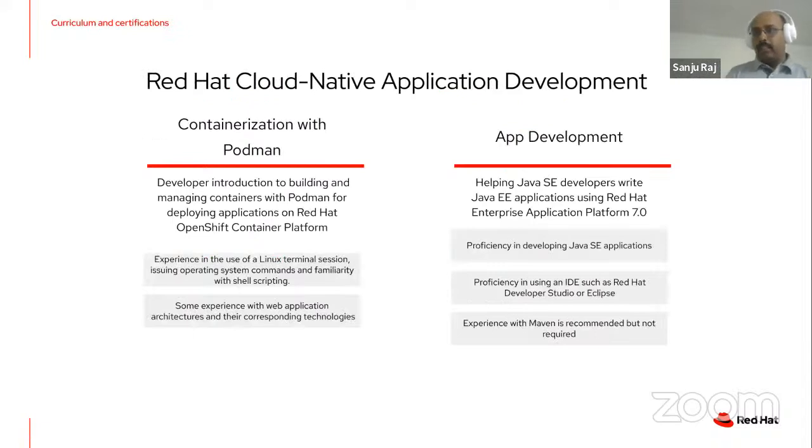Now, in the current topic, as we were talking about container, cloud-native or containerized app development, we are going to discuss two components. One of them is containerization with Podman, where we will introduce developers to how to build and use containers with the help of Podman.